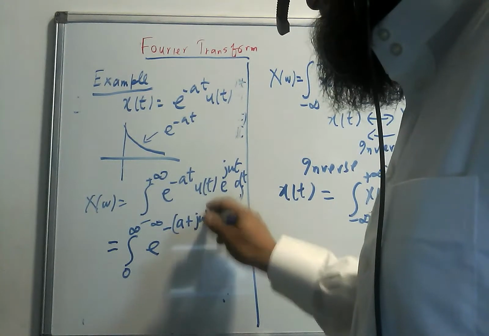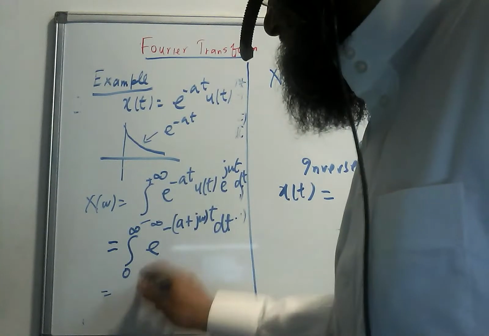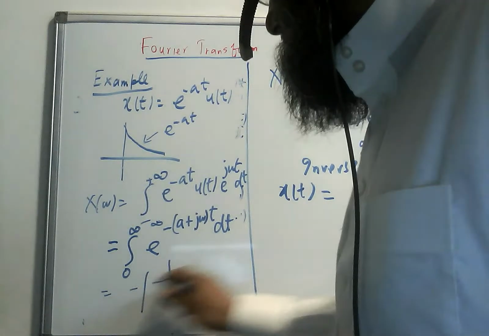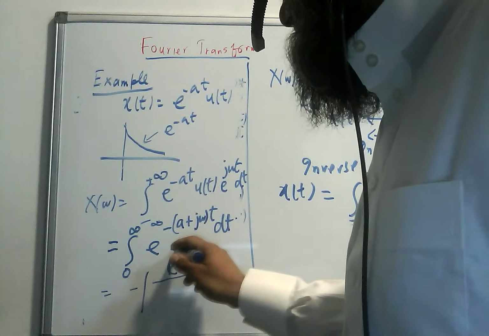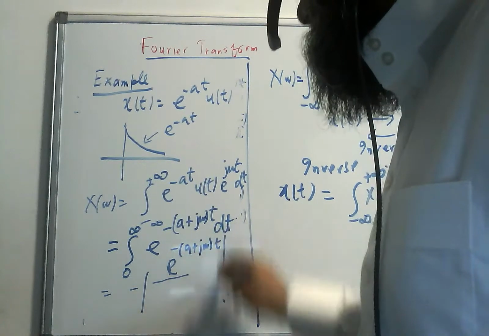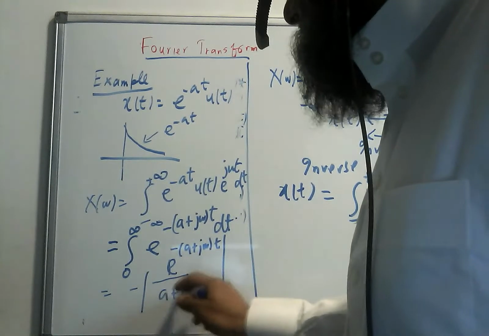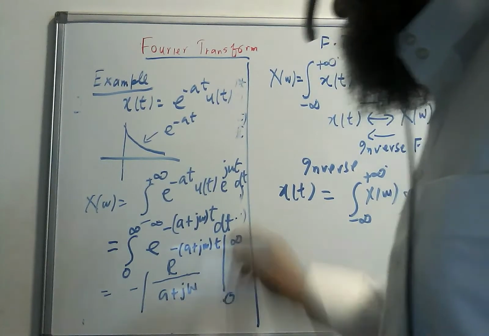omega t dt, and this will be just an exponential, so it is e raised to the power minus a plus j omega t divided by minus a plus j omega, and the limits are from 0 to infinity.